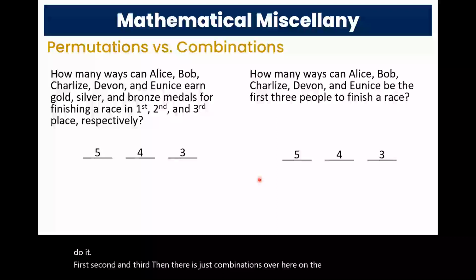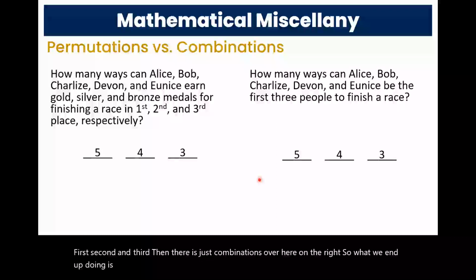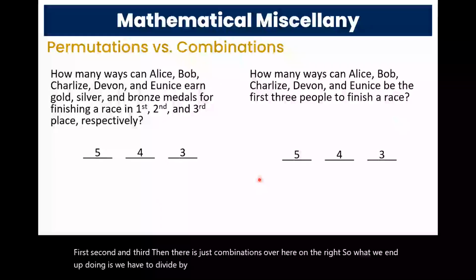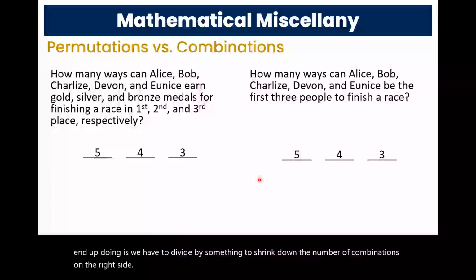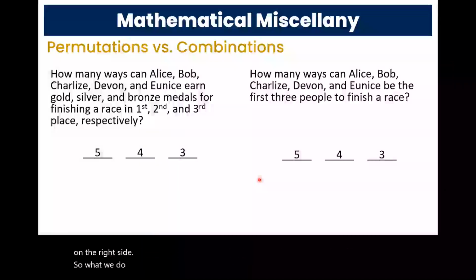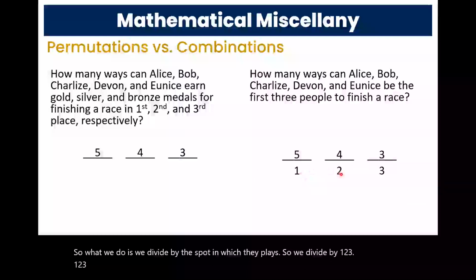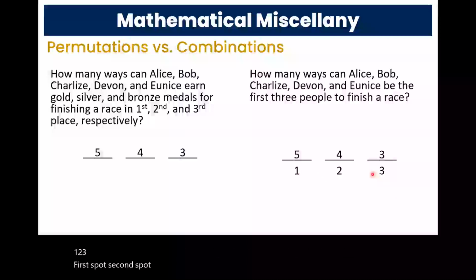So what we end up doing is dividing by something to shrink down the number of combinations on the right side. We divide by the spot in which they place. So we divide by 1, 2, 3. First spot, second spot, third spot. That's all you really have to remember to do to figure out this question.